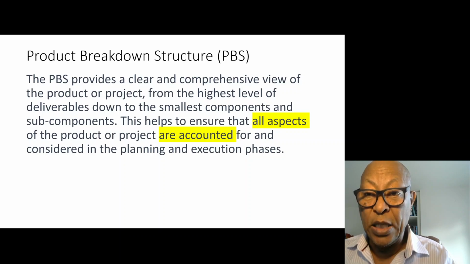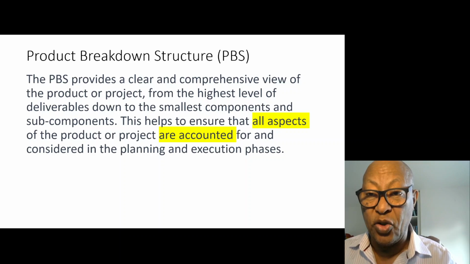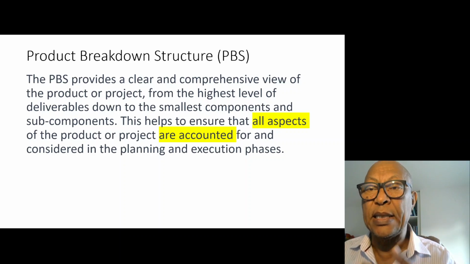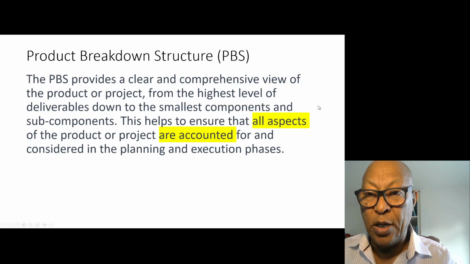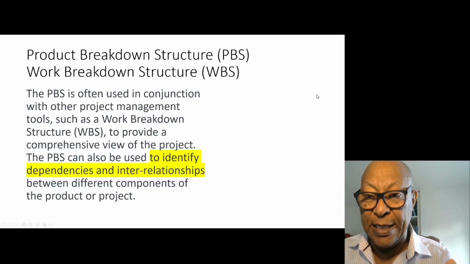It helps us to understand all aspects of the deliverable, from the smallest component to the highest one, and that is accounted for in terms of the resources required, the skills required, and the time required to complete it. All that is encompassed here.